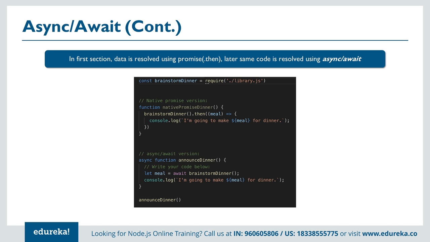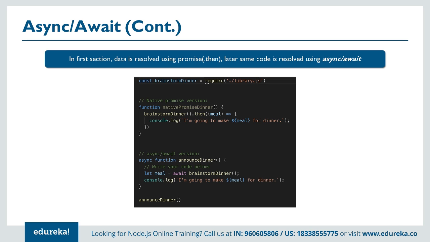One more thing, let's say we have two promises which we need to resolve one by one. So let's say we have another, next day breakfast promise. After the brainstorm dinner resolves, inside the callback we can do next day breakfast, with a then method attached to it and a callback inside that.